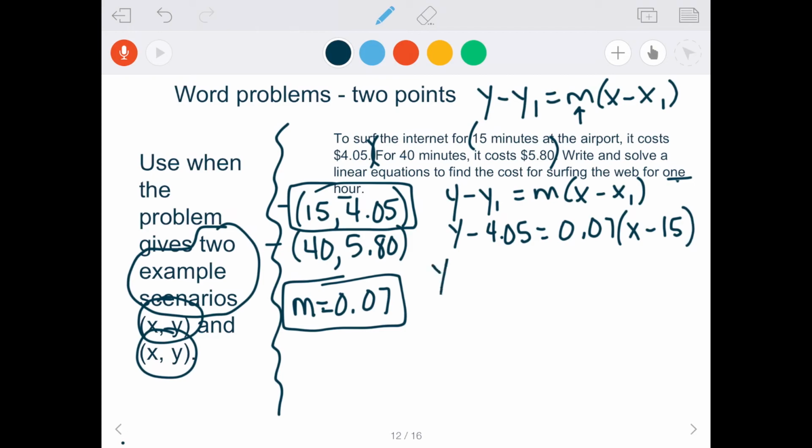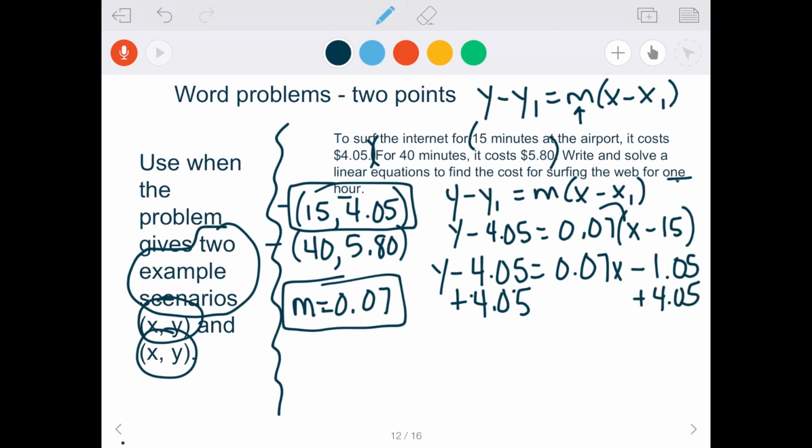So y minus 4.05 equals 0.07x minus, let's see what this is, times 15, 1.05 plus 4.05 plus 4.05, y equals 0.07x plus 3.